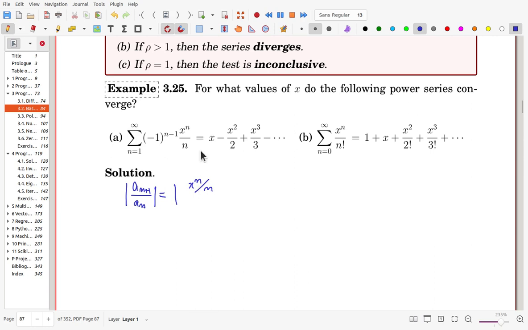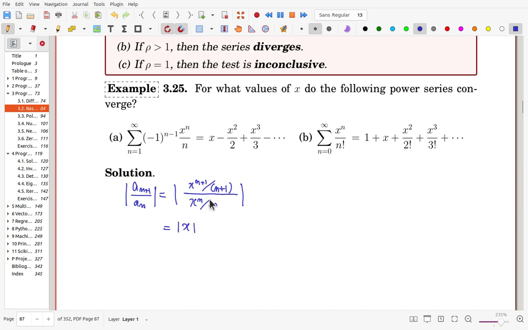Now a_(n+1) must be x^(n+1) over n+1. That is the top, and the denominator must be a_n, which is x^n over n. Right? For the x term, we have one x here.